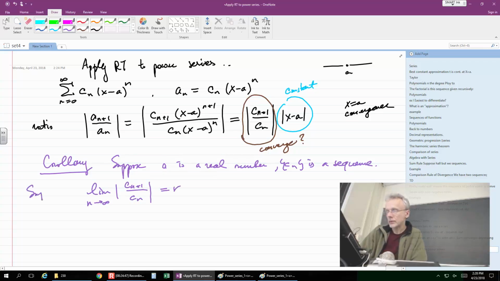Once again, this could be a number or infinity, and infinity is a bad one, and then we have the same property for the convergence.